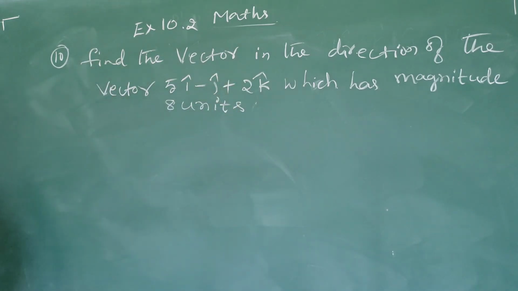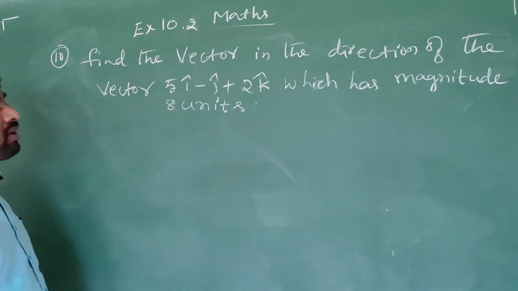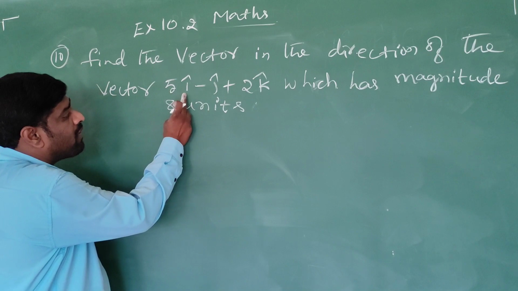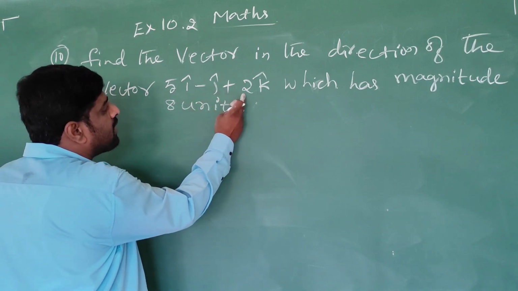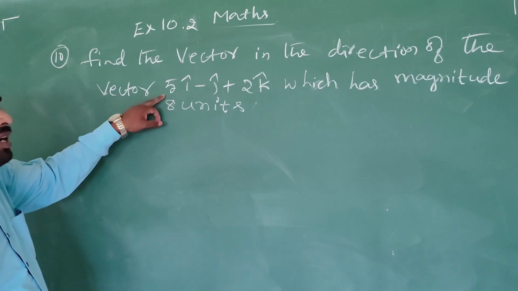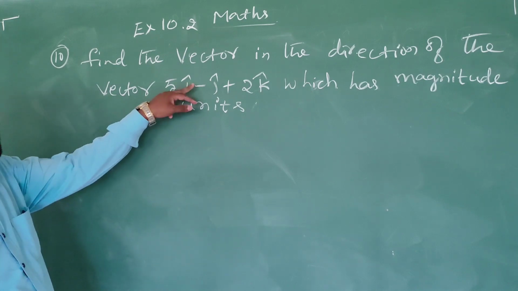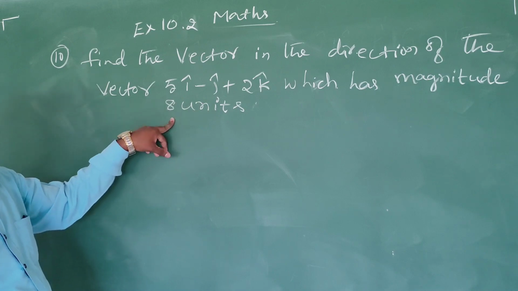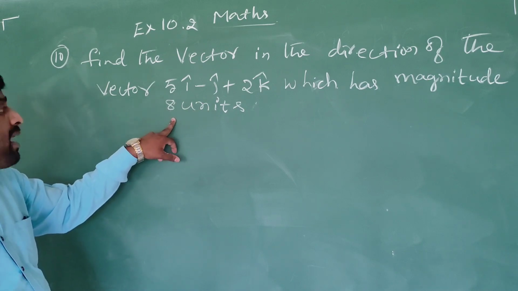Observe the question. Find the vector in the direction of the vector 5i cap minus j cap plus 2k cap. That means we have to find the unit vector for this vector and equate the magnitude on both sides.